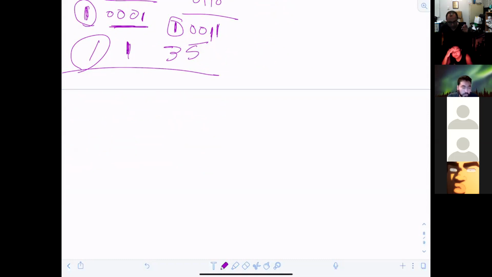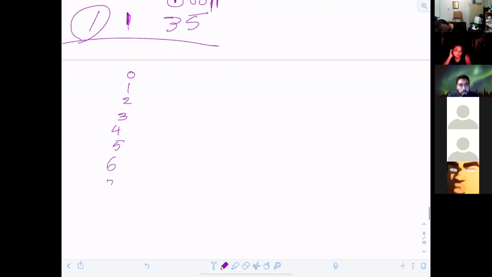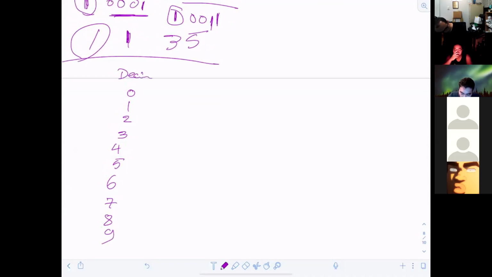Sounds good? So I have decimal digits 0, 1, 2, 3, 4, 5, 6, 7, 8, 9, like this, right? That's actually the decimal digit. And I'm converting it into BCD. Do you agree? So how can you convert it?